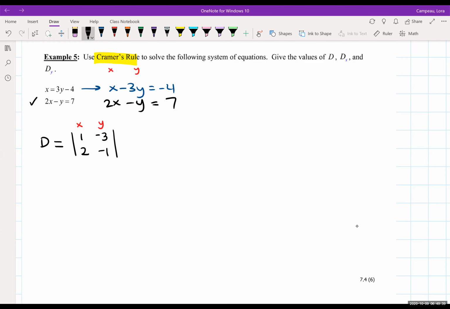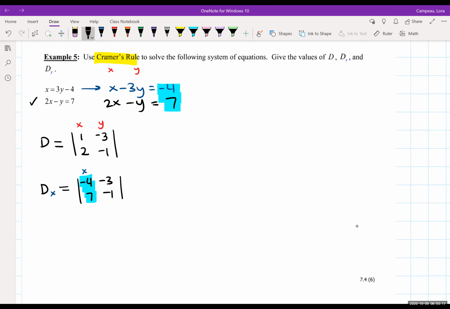My D sub x. This is going to be my determinant of coefficients, except the x column will be replaced by the constants. So we will have a -4, 7, and then the y column still remains the same, -3, -1. So that's where we see our D sub x from. The x column gets replaced with the constants.